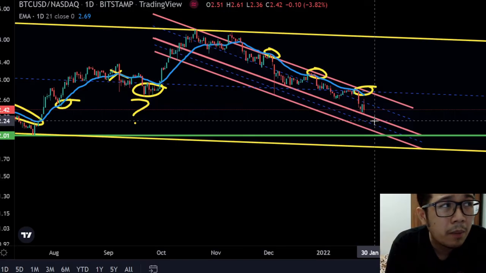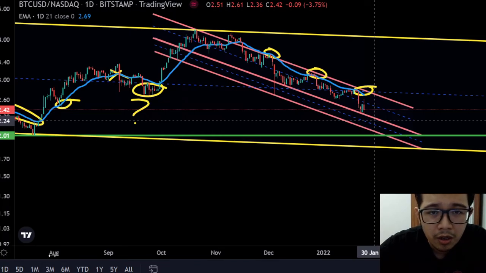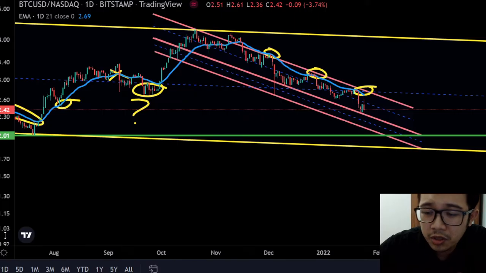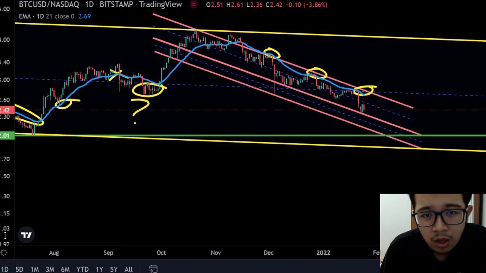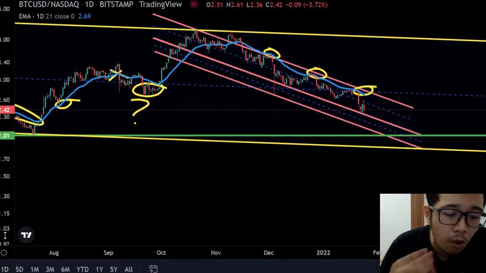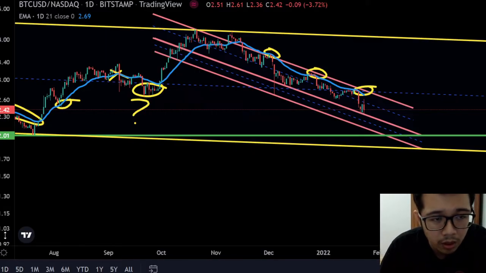The person who bought Bitcoin in 2018 and then the crash happened, they needed 3 years, 4 years, and you can see we already broke the all-time high from 2018, right? So maybe, just maybe, if now is the peak and we go into a downtrend until 2024, maybe the next 2 years, that's very unlucky for us.